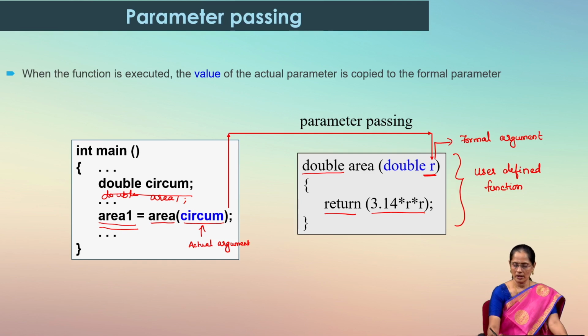This is interpreted as double r equal to circum, in the sense that the value which is there in the circum variable is copied onto the variable r. In other words, the value of the actual argument is copied to the formal argument or formal parameter. So, this is what parameter passing is about.